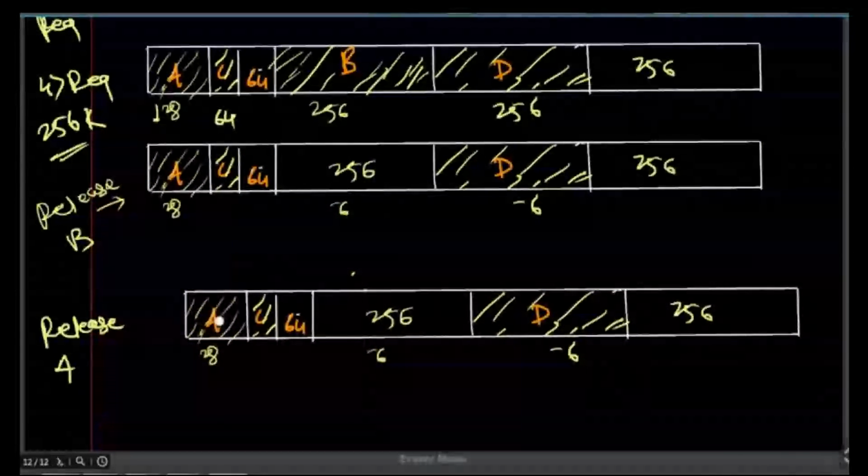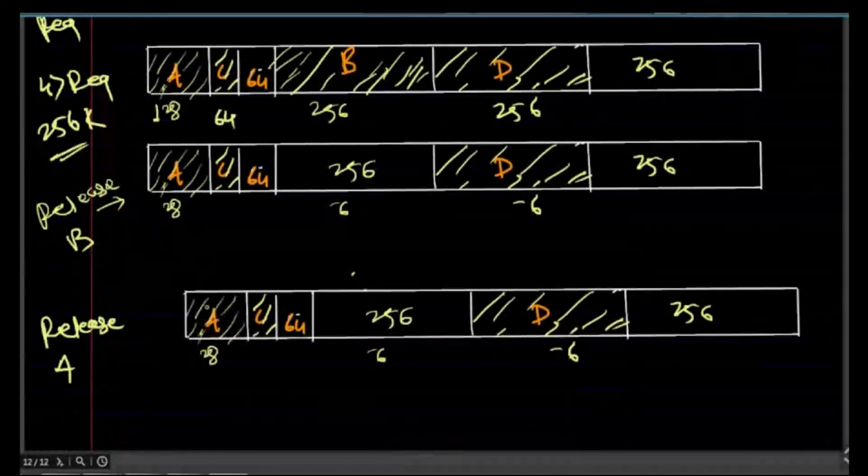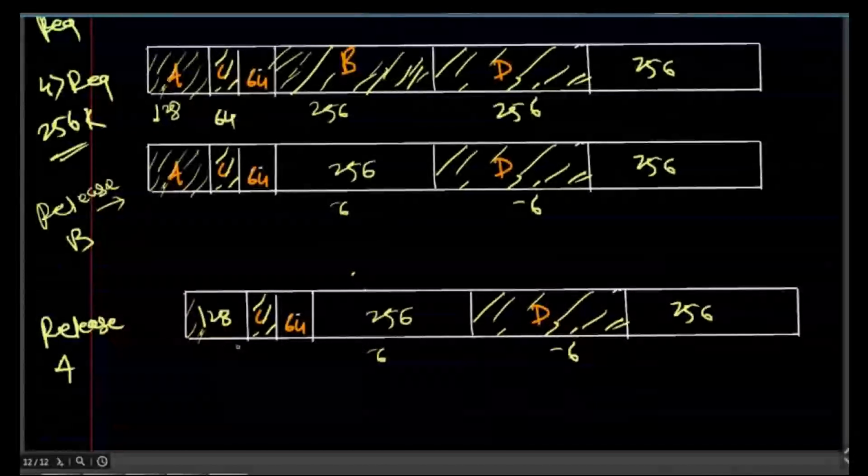So this is process A. Now its memory block will be free. And how much was the size of this process? It is 128 KB. So this is also free now.